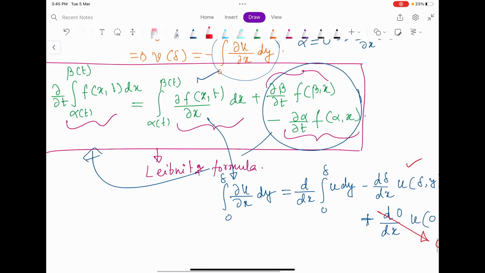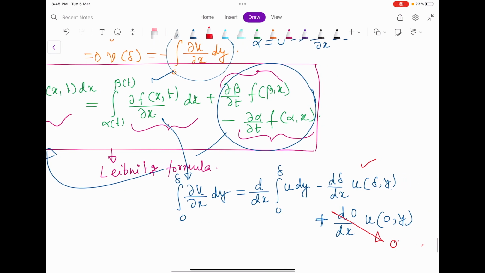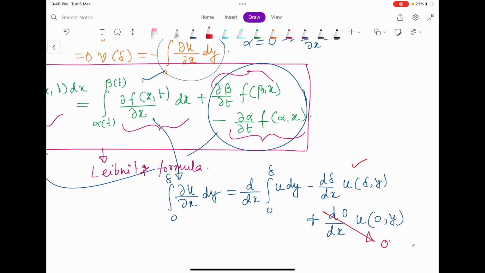So this is del d delta dx into f of beta comma x. So this is delta comma y. So this will be nothing but u infinity, right? Okay, so now let me proceed.